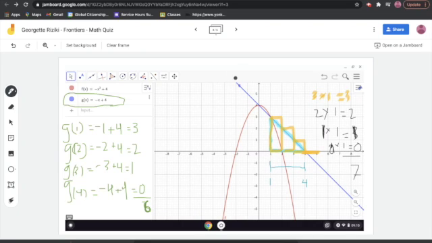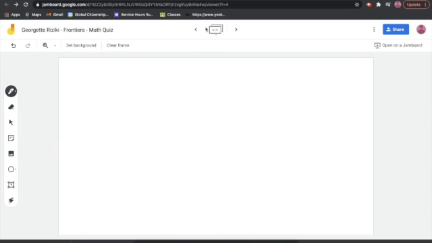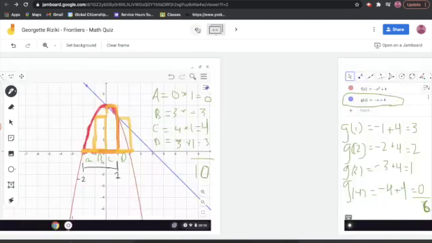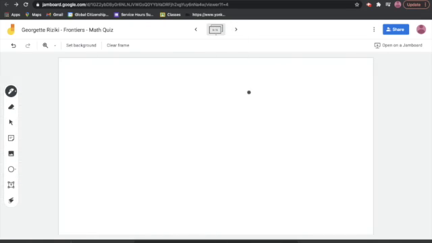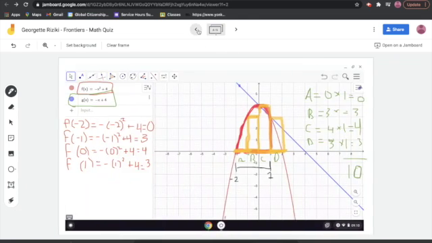And so finally, what I think is next is that I'm going to take both of the sums, 7 and 10, add them up, and get 17. And I think that is my final answer. This is probably so wrong, but I think this is the total answer for the area of water, maybe.